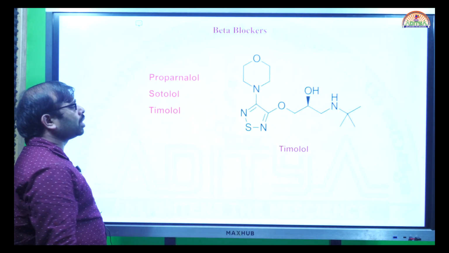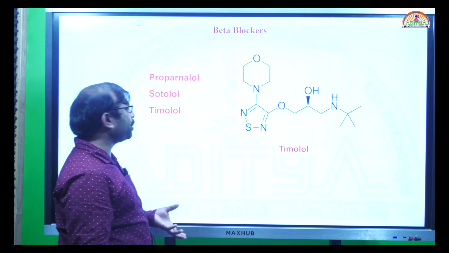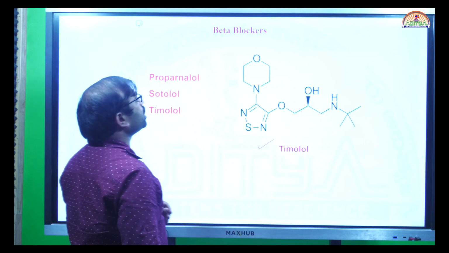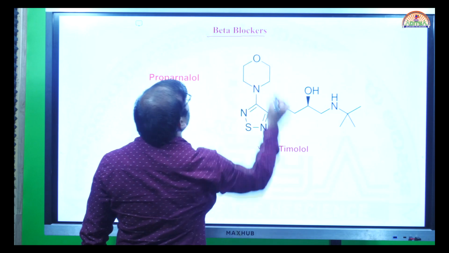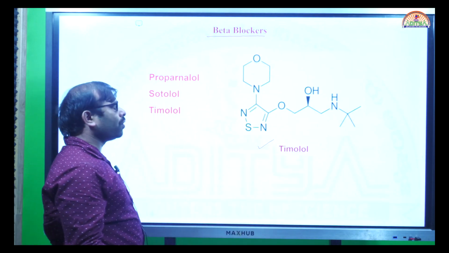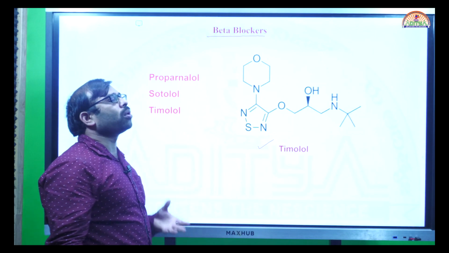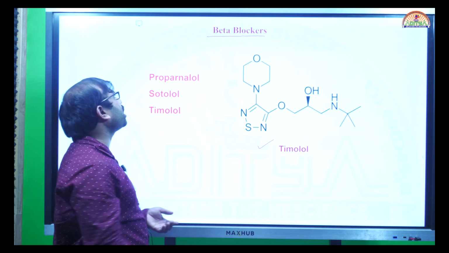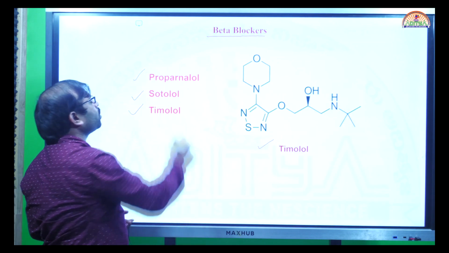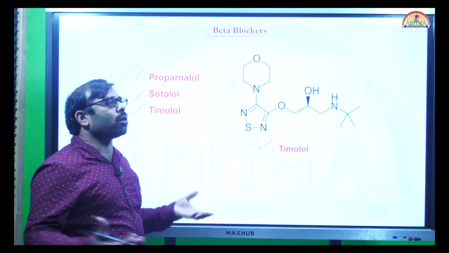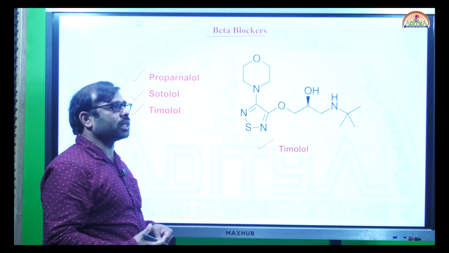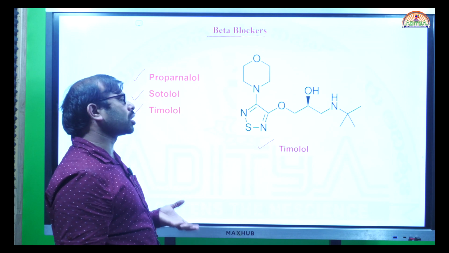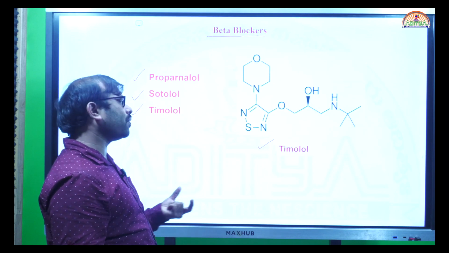The first molecule is timolol. The name itself indicates that it comes under the beta blockers, which are very famous, like propranolol, sotalol and timolol. Not all of them are given in the syllabus; only timolol is given as a beta blocker.